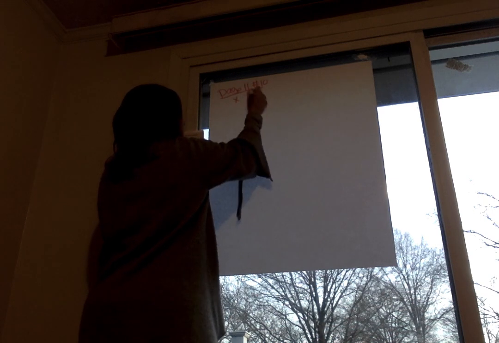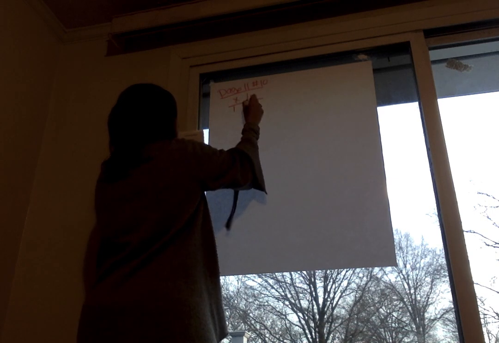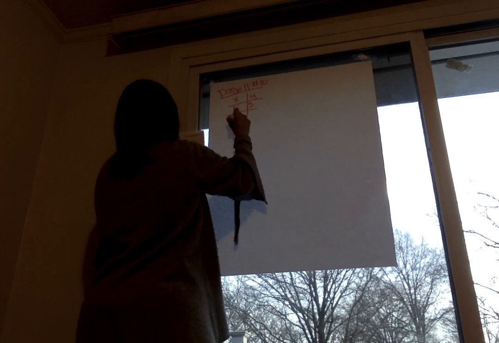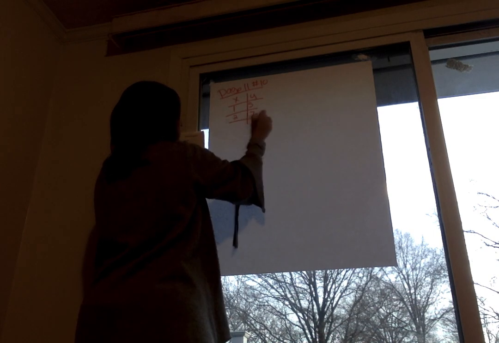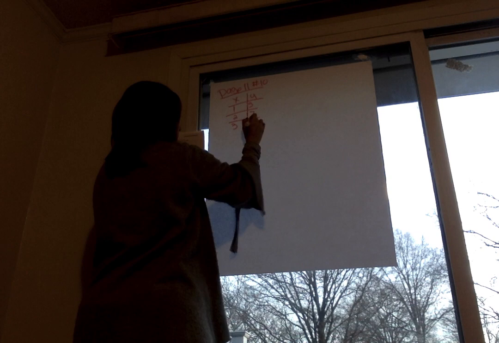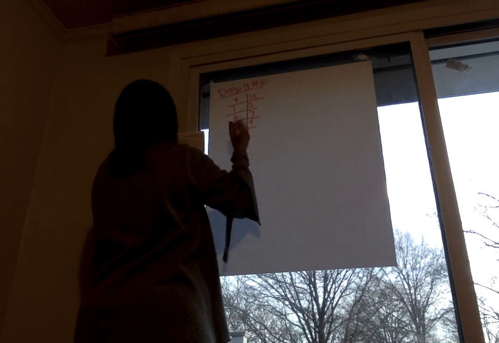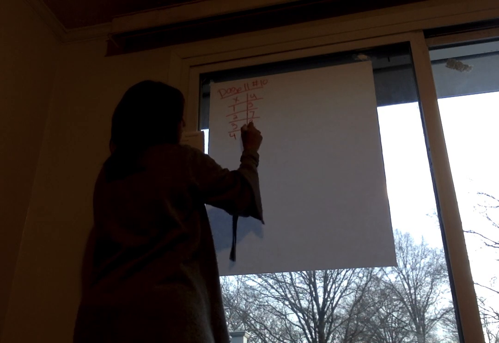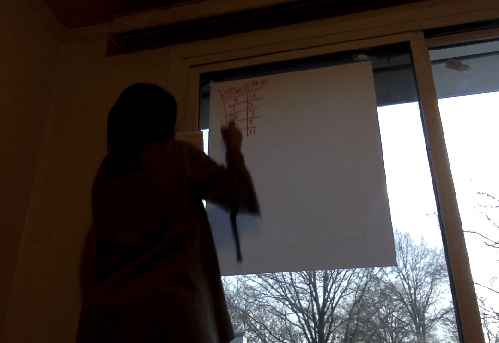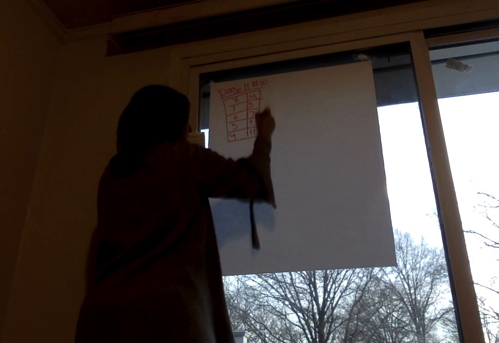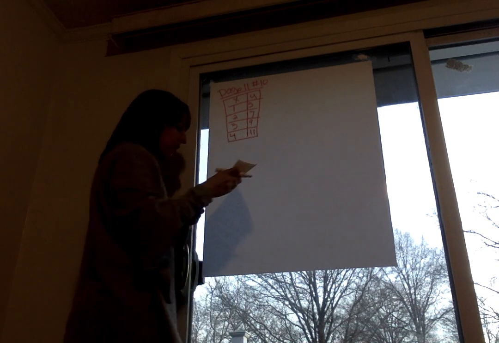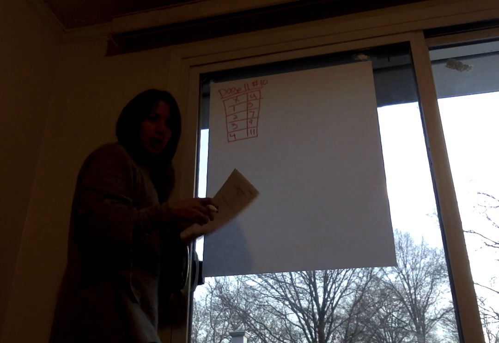X, Y, I'm just going to write down what we have. 1, 5, 2, 7, 3, 9, and 4, 11. Okay, this is the table that we have. We need to figure out which expression is going to make this table true.